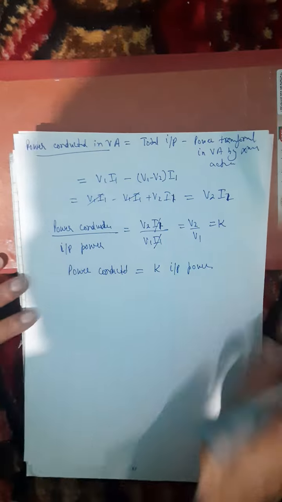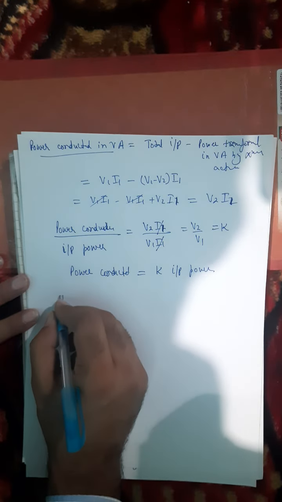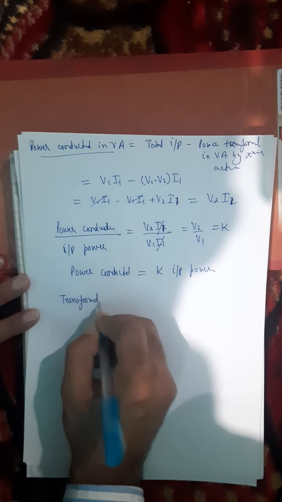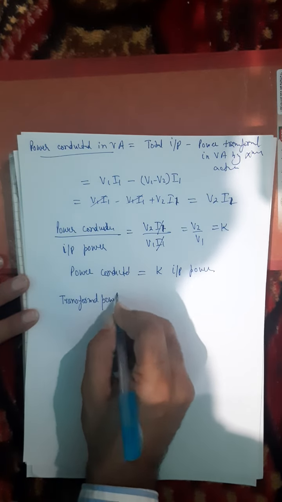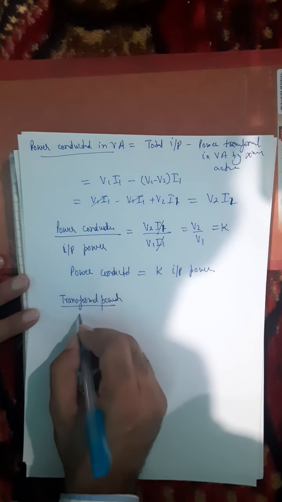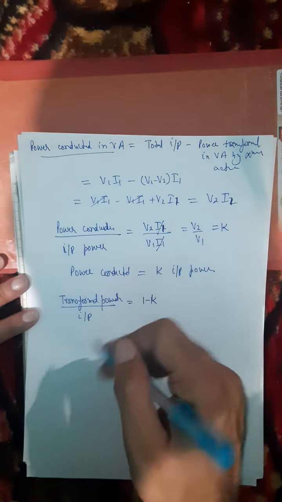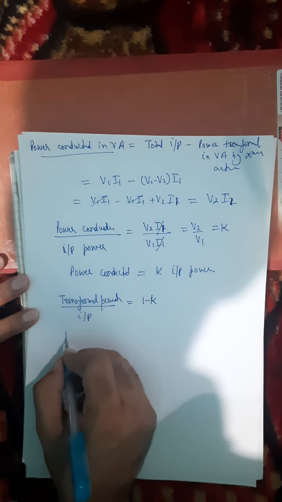Okay, so hence I can say that this is conducted power, another was transformed power. Transformed power divided by input power is equal to 1 minus K. Transformed power means that which is transferred through transformer action.